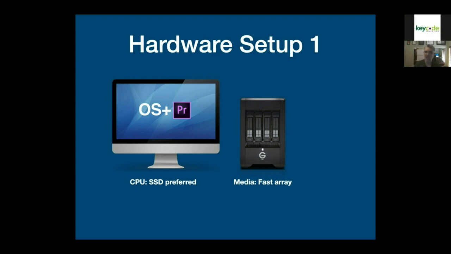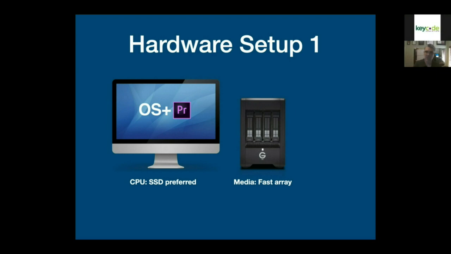The way to safeguard yourself is to get another drive. I didn't put the photo on here, but you can get another drive that's cheaper, that's not as fast, that holds all the same amount of media that's on this fast array. So in other words, if this fast array is 4 terabytes, get yourself a 4 terabyte or a 6 terabyte USB 3 hard drive, something real cheap and can be really slow.